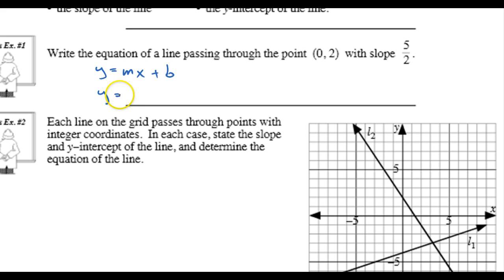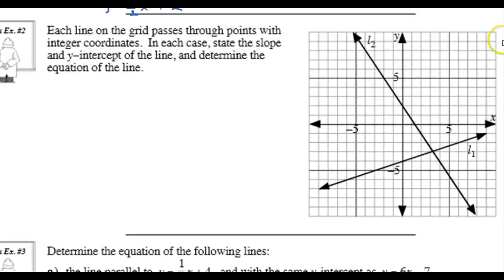So y equals, well, my m is the slope, so 5/2. And my b is the y-intercept, and this point is the y-intercept because it is on the y-axis, so it's going to be 2. That's looking at it from a point and a slope.